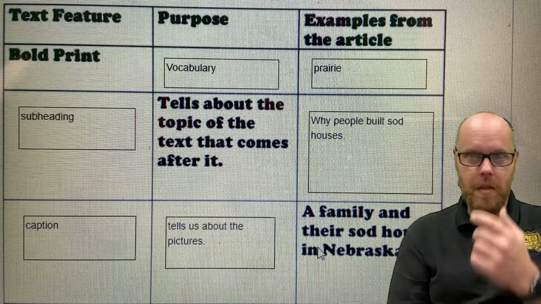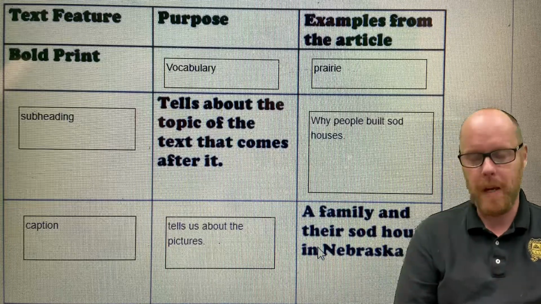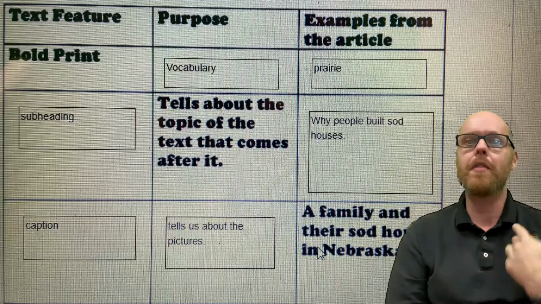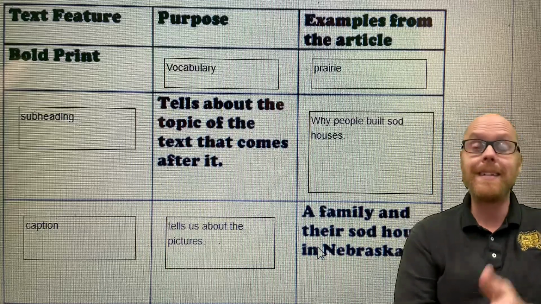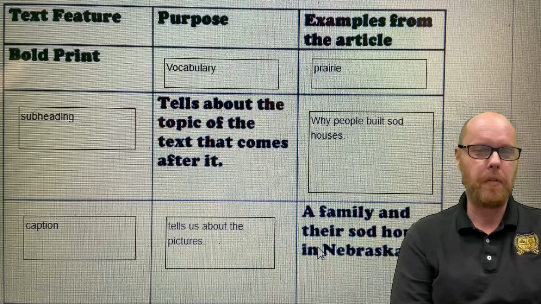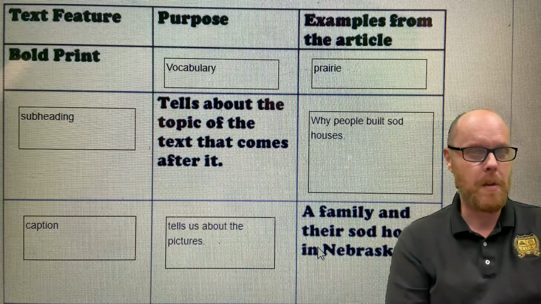It's pretty much just like a second title, where whatever we're going to read after the subheading is going to have something to do with the subheading. And an example of this is why people built sod houses. And if you remember from our story, that was one of those subheadings that we talked about.